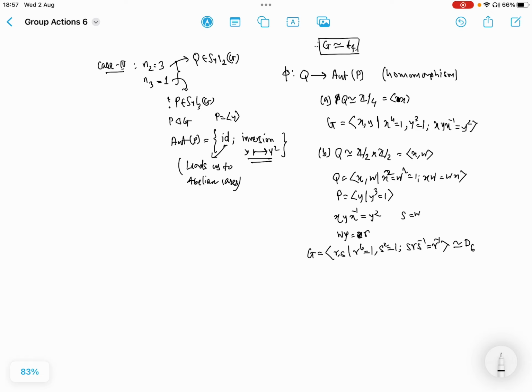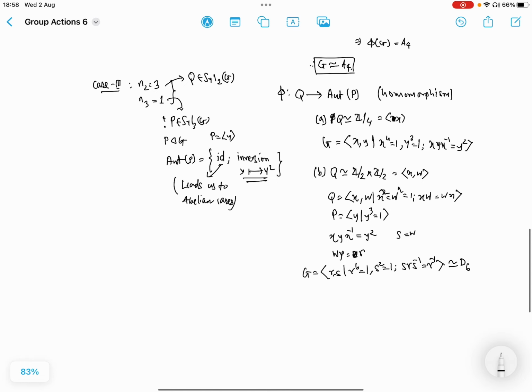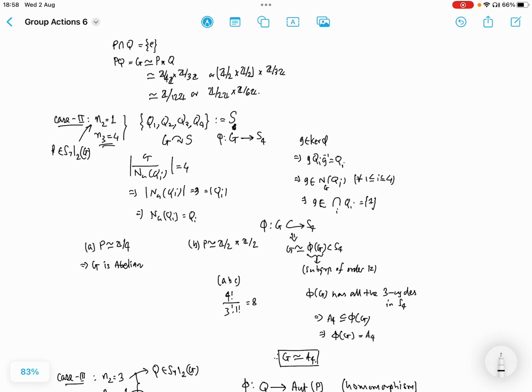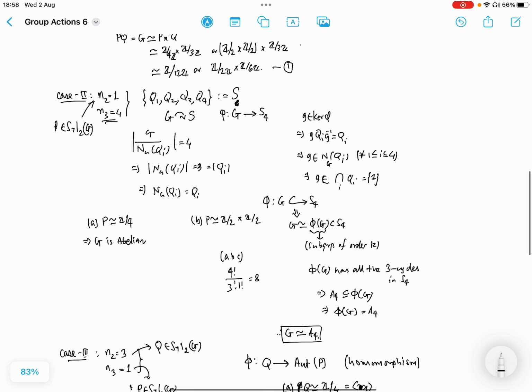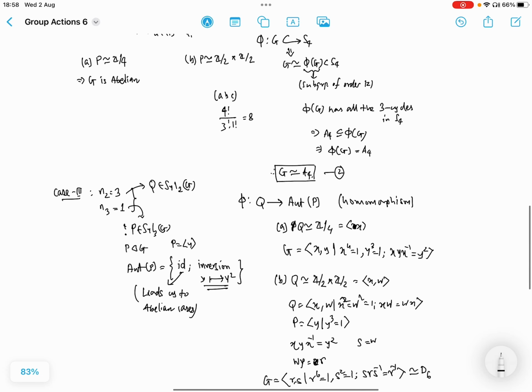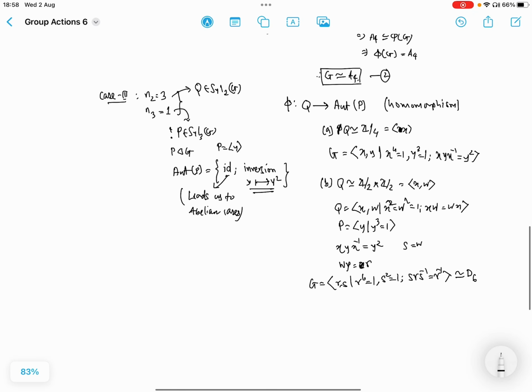You can check it. So eventually, what do we get? We get a total of five groups, right? These are the first two, these are abelian. This is non-abelian, and this is another non-abelian, and this is the final one. So you get a total of five: two abelian and three non-abelian.